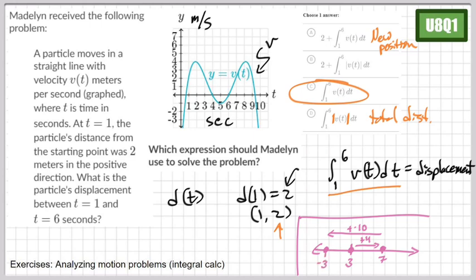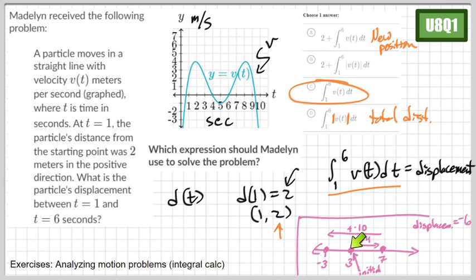Okay, so we have a couple of questions here. First of all, what is our displacement from the initial spot? This is the initial spot. What's our displacement? It is negative 6. How do we know it's negative 6?